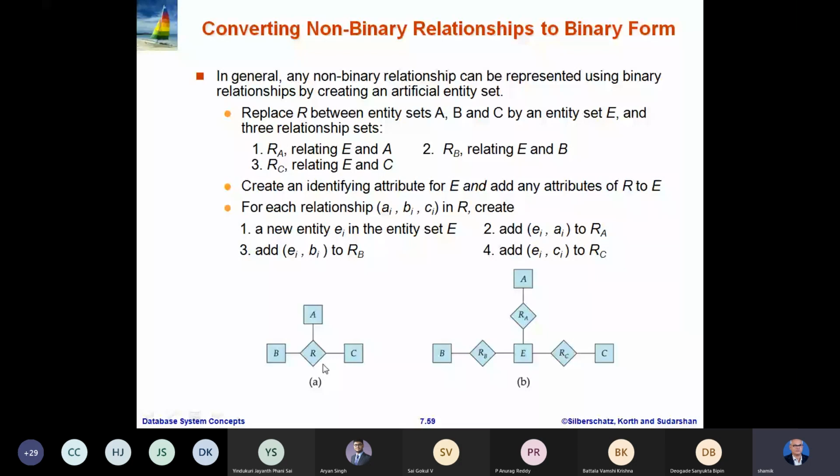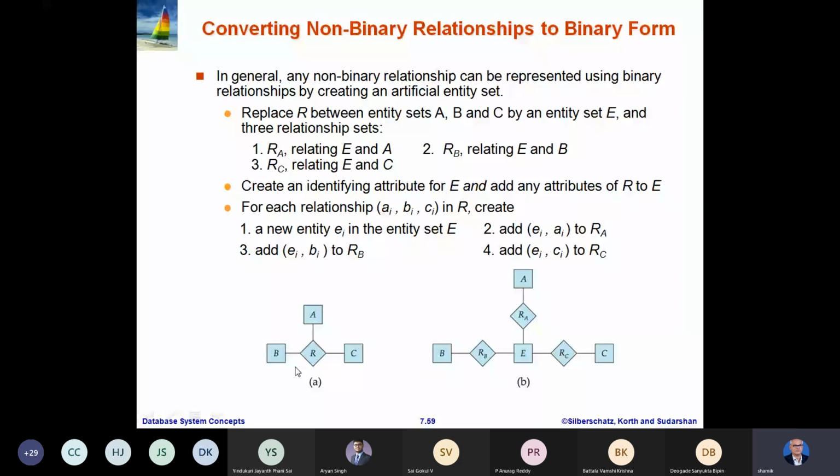This R, you break it up into this E, and E you add as a separate entity. Then A's participation in the relationship, you make A participate in a relationship RA with that E, which is an entity set you have come up with replacing this ternary relationship.